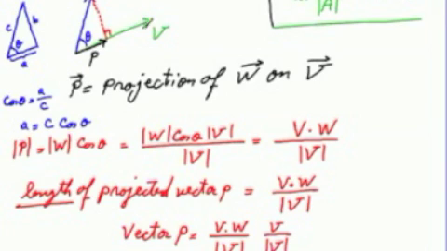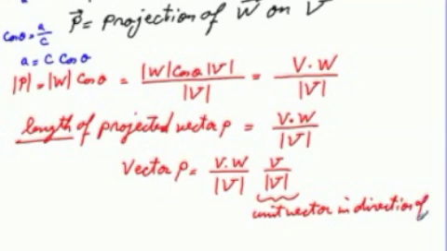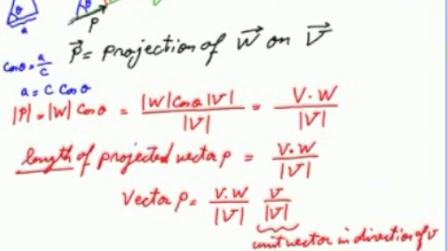It became a bit complicated. So what I multiplied with is the unit vector in the direction of V, which is most often just the direction of P as well.